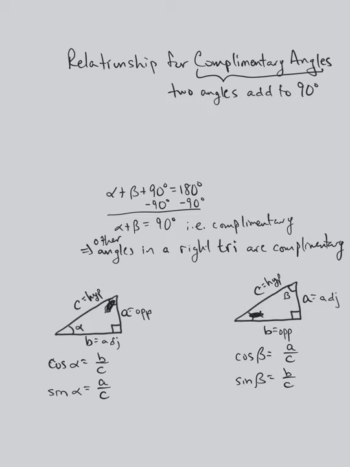Now, why am I pointing all of this out? Look here, where are things equal? The cosine of alpha is equal to the sine of beta, and the sine of alpha is equal to the cosine of beta.